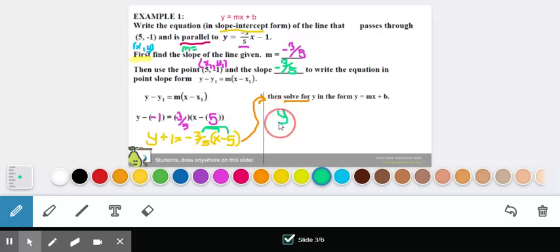So I've got y plus 1 equals -3/5 x. Ooh, that's a lot to say. And then -3/5 times -5. I know a negative times a negative is positive.